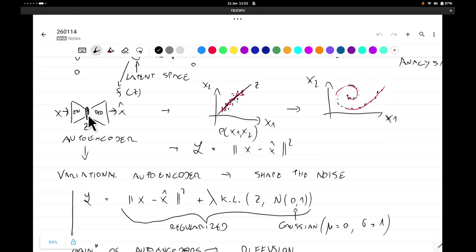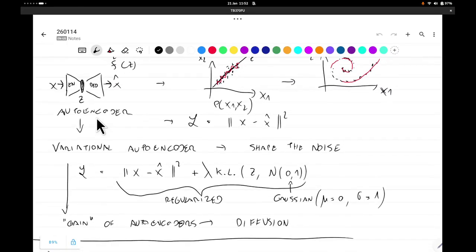So the network is learning to decouple the projection onto this manifold from the perpendicular components that are treated as noise. So the autoencoder is reconstructing the input via this bottleneck that is imposed. Typically the dimensionality here is smaller than the dimensionality outside. You can also design an autoencoder with larger dimensionality, but that would make very little sense.